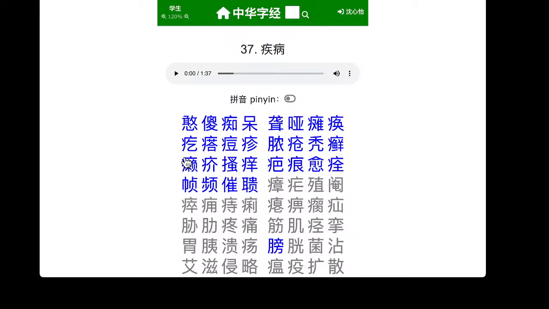I'm trying to figure out what these things mean together. The frame rate or the frequency urging deafness. Could be something like too much loud noises are gonna make you go deaf.